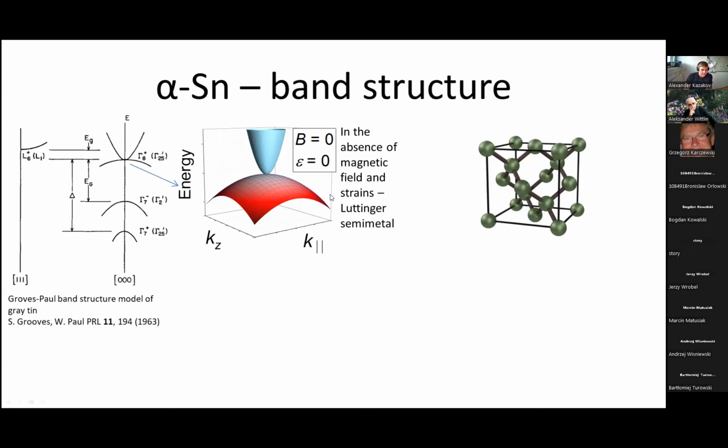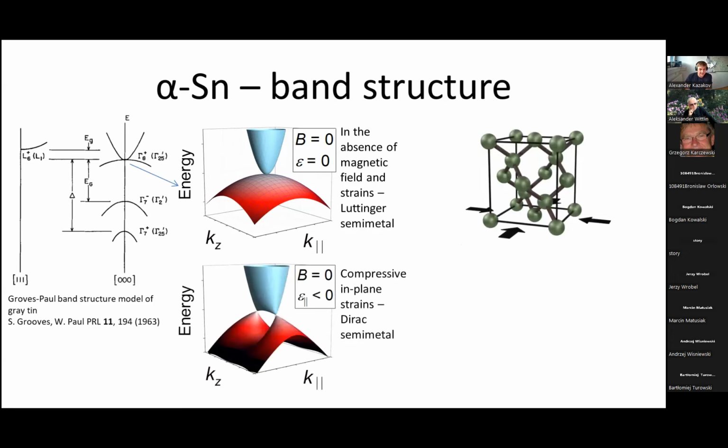So let's see how the band structure is affected by external perturbations, such as in-plane strain. The in-plane strain we take, as above, as compressive. So it results in tensile out-of-plane strain. And we see that these two bands overlap and the gap opens. But at these two points, we have a near linear dispersion.